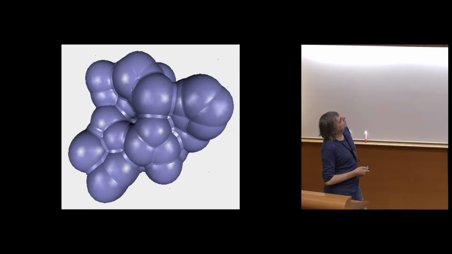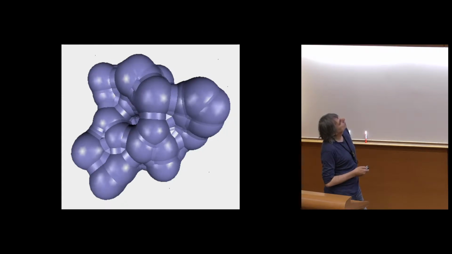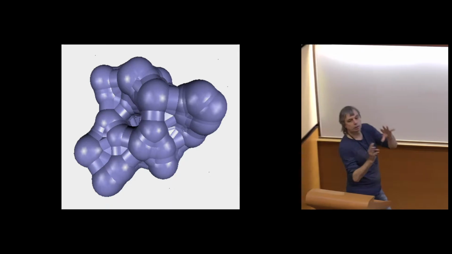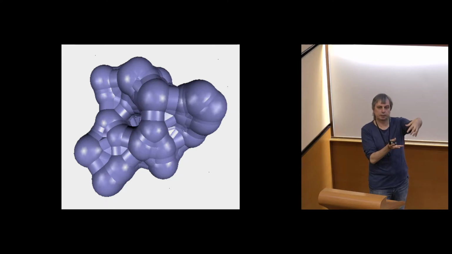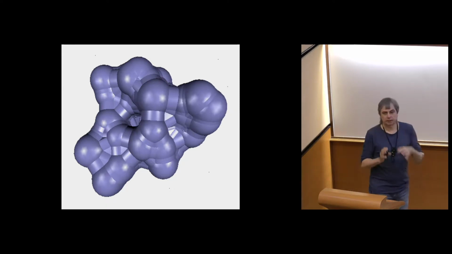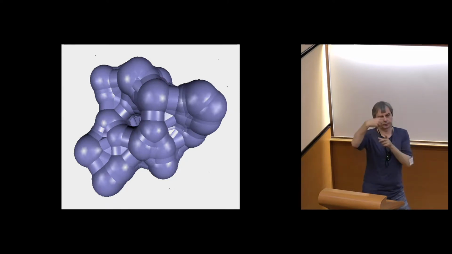And you see each sphere shrinks. When two spheres meet in a circle, the circle gets extended into a cylinder. Then the circles where the spheres intersect meet at corners usually. The corner expands into a triangle.